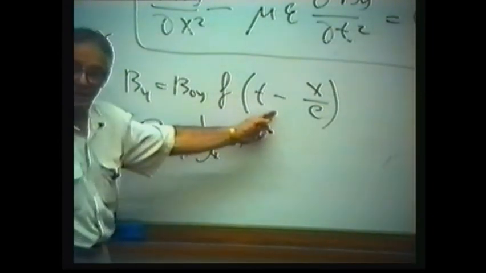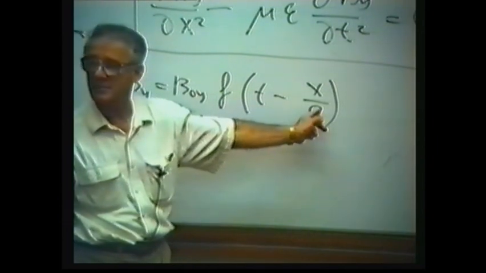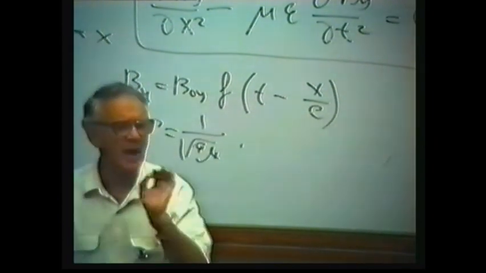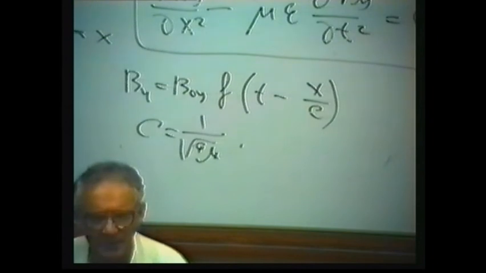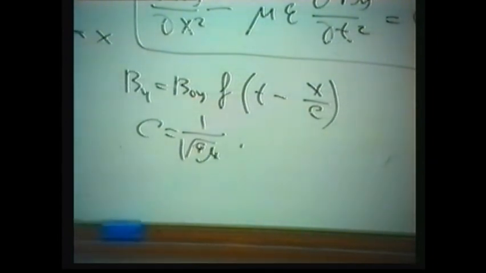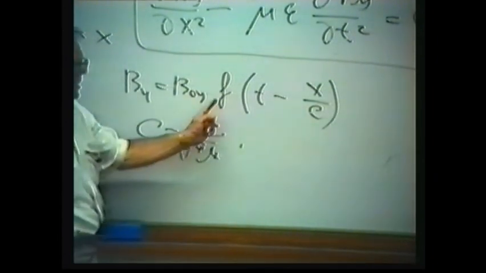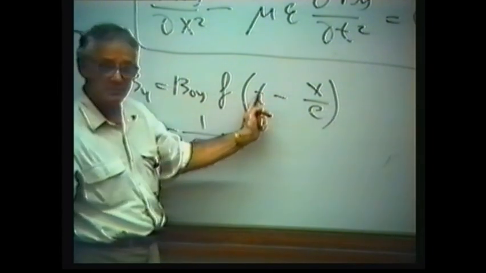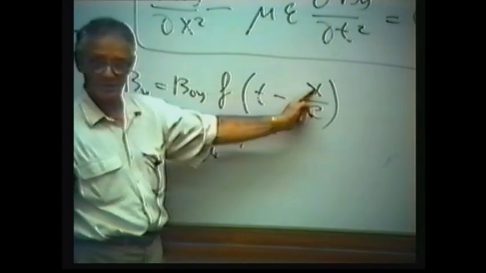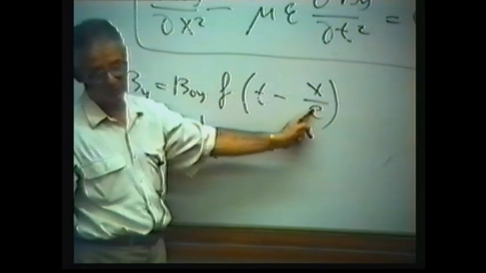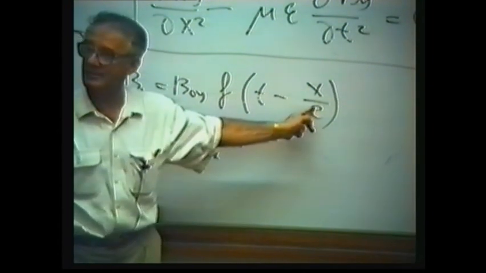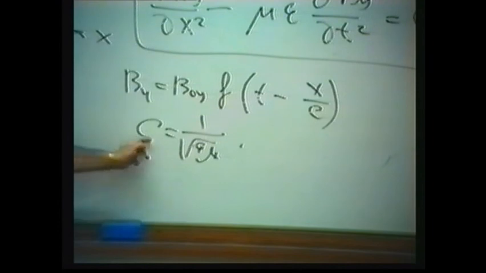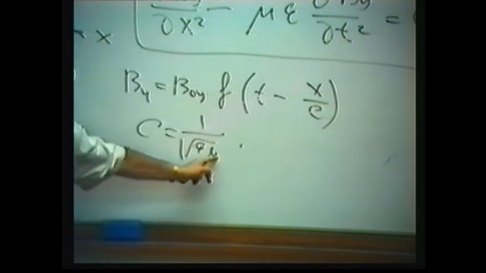What is written here? Let us discuss. That's what we always observe in electromagnetic methods. What does this combination mean? Time minus distance over velocity. c is the velocity of electromagnetic waves.